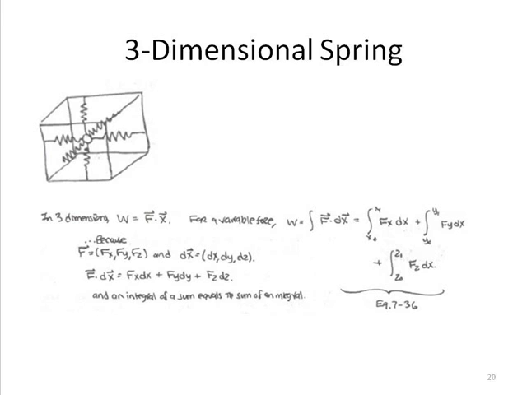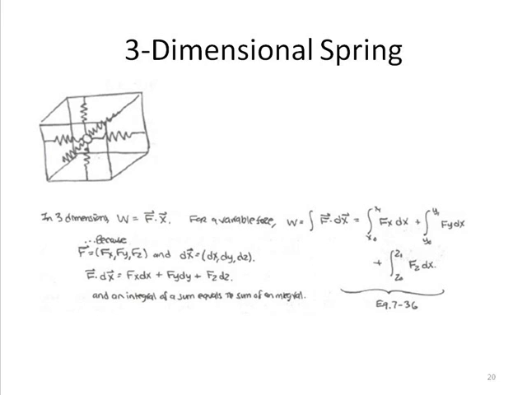Since we're in 3 dimensions, we have to use the vector form of the work equation, W equals F dot x. But we know that the force we can decompose into components Fx, Fy, and Fz. Similarly, dx as a differential vector is simply a vector made up of the differentials in the different coordinates, dx, dy, and dz.